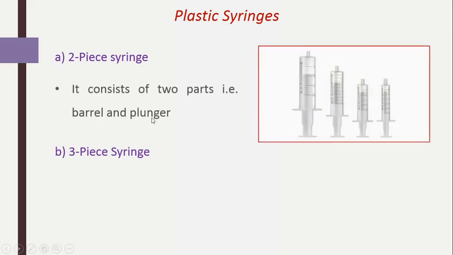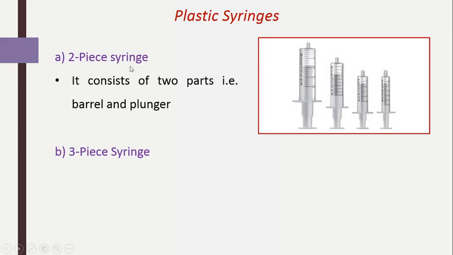Let's see, these 2-piece syringes consist of 2 parts, that is barrel and plunger. This is a barrel and this is a plunger. So only 2 parts are there, and that's why the name given is 2-piece syringes.